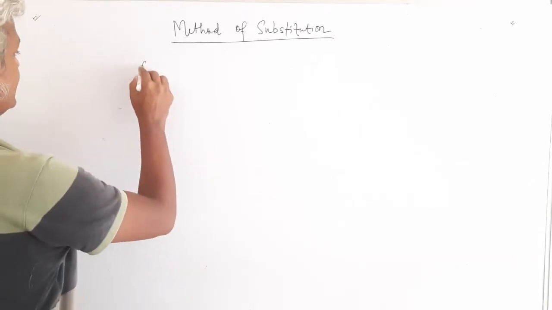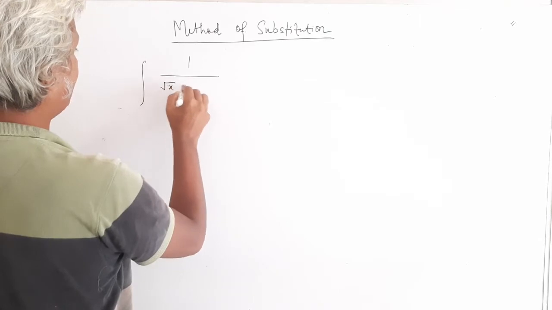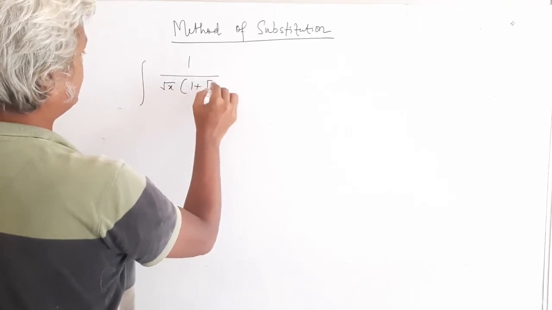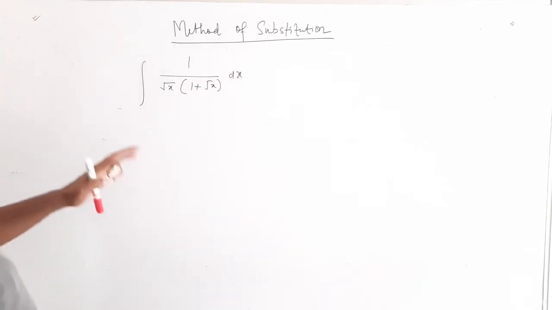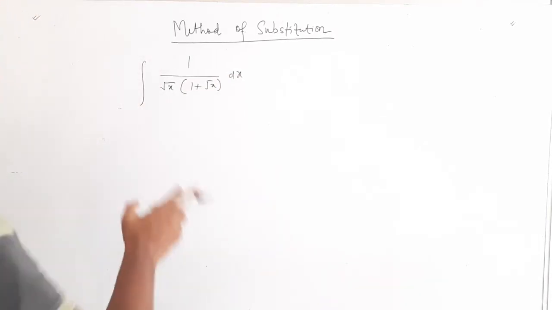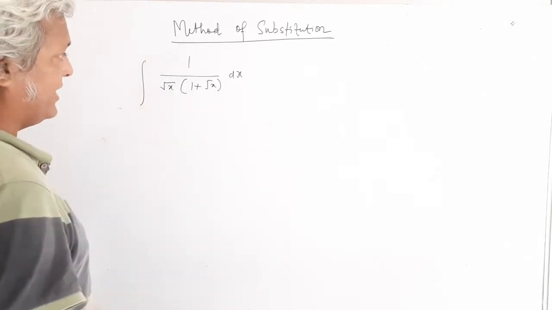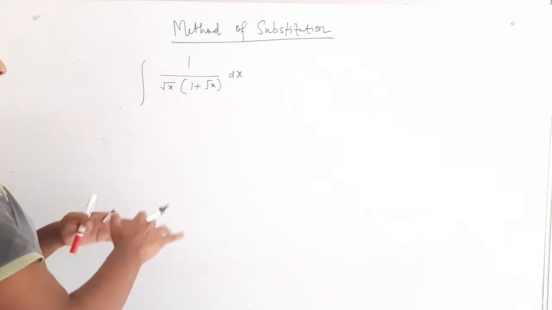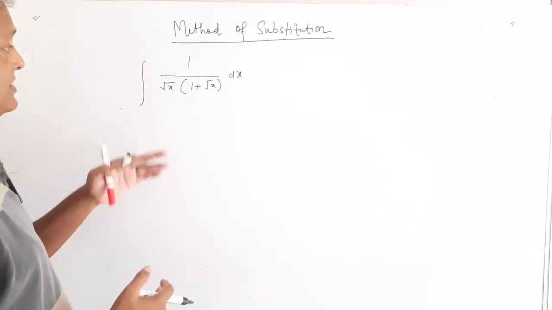Now I have another example which goes like this: 1 over root x times 1 plus root x, dx. Again, what should be the proper substitution? Should I take root x as something, or should I take 1 plus root x as something? Should I rationalize and then take some term as constant or substitute?